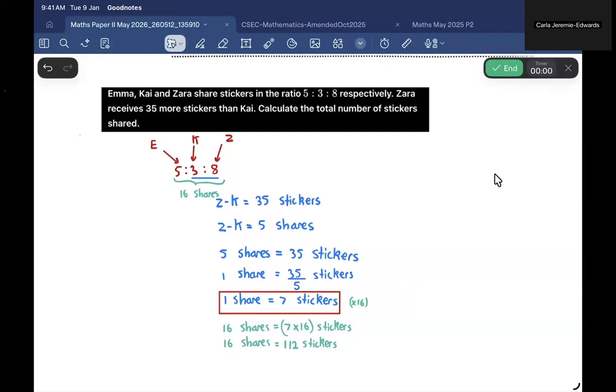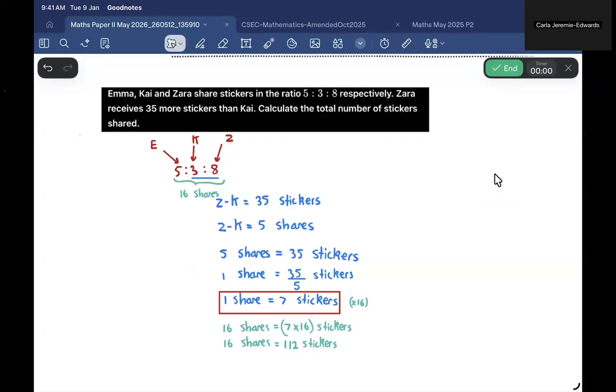So the first thing you're writing is the ratio each person gets. I would say the number of shares each person gets. So the number of shares each person gets was Emma got 5 shares, Kaya got 3 shares, and Zara got 8 shares. Good.